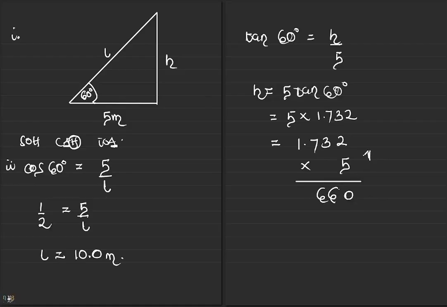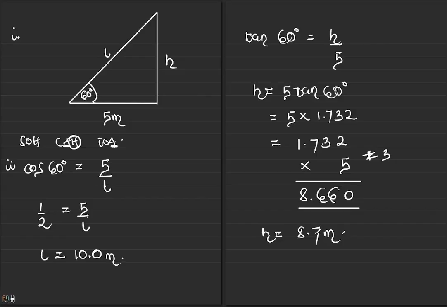So 6, carry 3. Then 5 times 1 gives us 5. Plus our 3, we have 8. Not forgetting our decimal point. But the question specified that we should work in 1 decimal place. So our height is equal to 8.7 meters. That is when we round it.